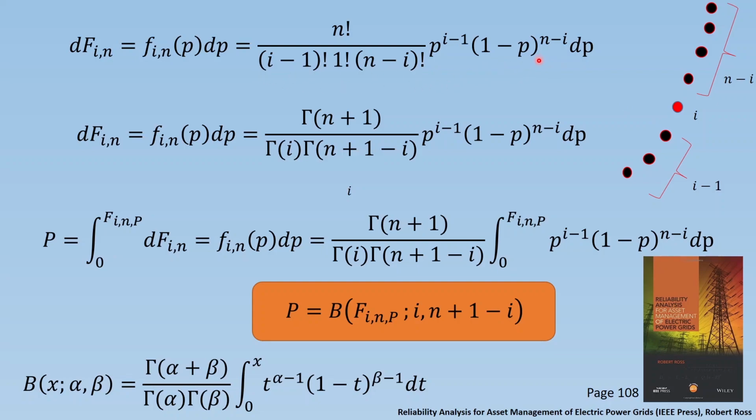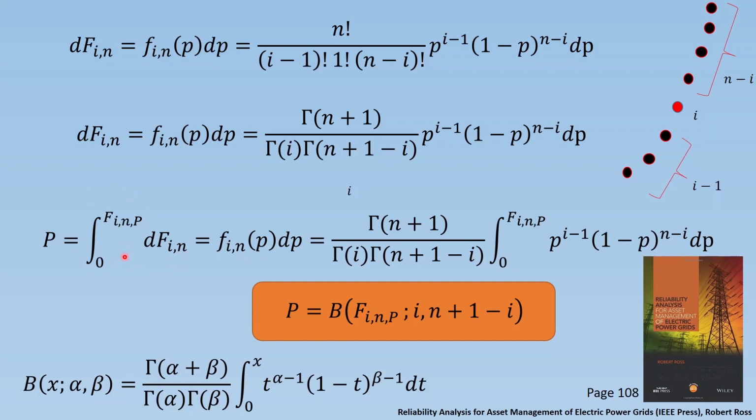If you want to find the cumulative distribution function, the d, basically the small part of it, is the probability density function times dp. We have it like this. Instead of these factorials, we can use the gamma function here. And now we can integrate the d F_i,n from 0 to whatever percentage that we want. So from 0 to F_i,n, and p.